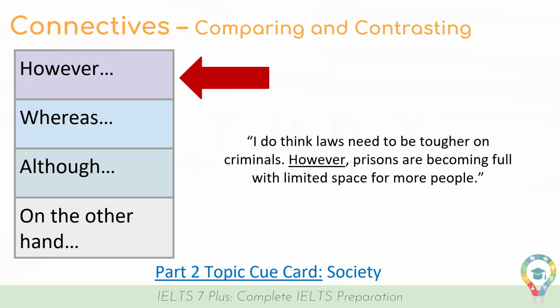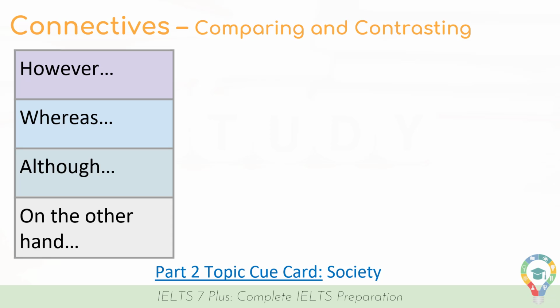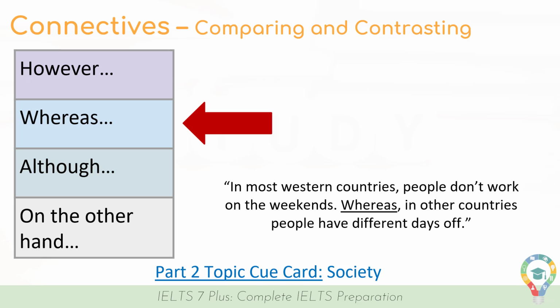I do think laws need to be tougher on criminals. However, prisons are becoming full with limited space for more people. In most Western countries, people don't work on the weekends, whereas in other countries, people have different days off.